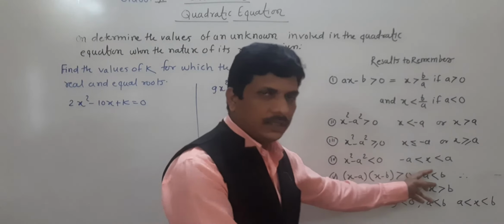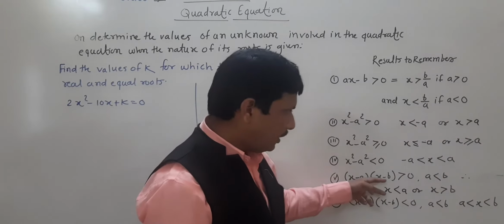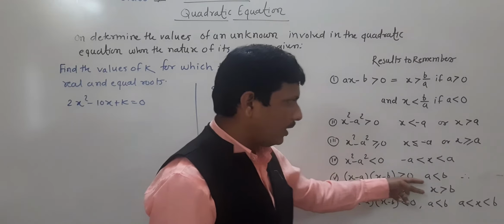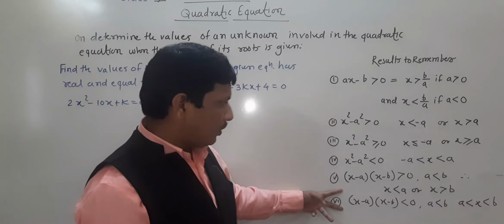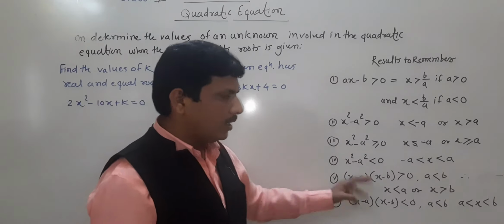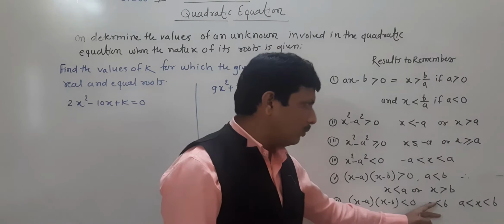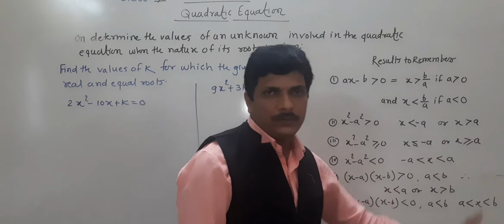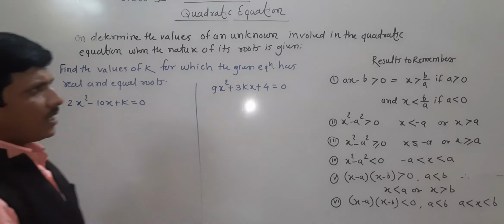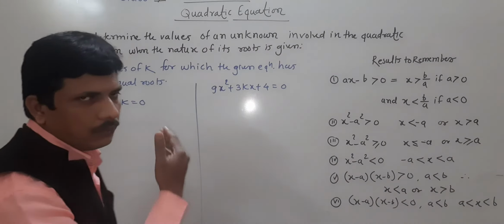When a is smaller than b, the condition is satisfied if x is smaller than a or x is greater than b. Now the sixth one: x minus a into x minus b is smaller than 0. This is possible if a is smaller than b and a is smaller than x smaller than b. I told you, we will take the reference when we see such type of examples.